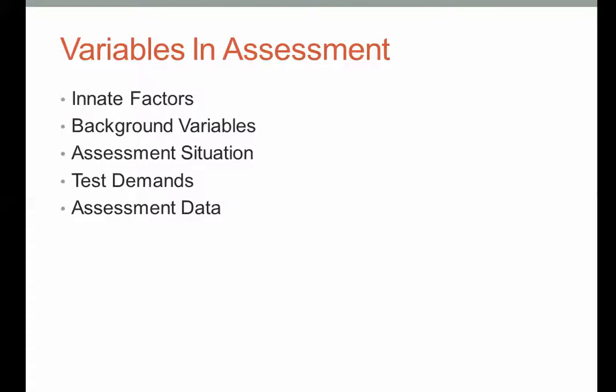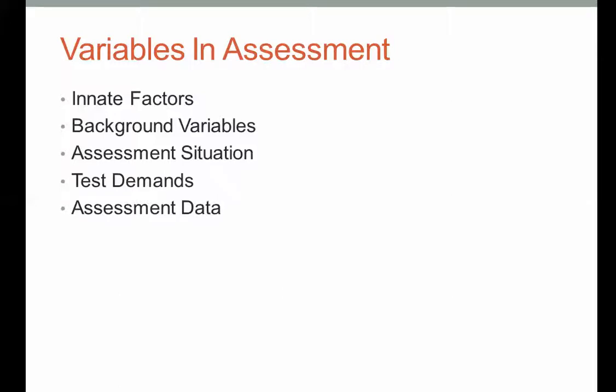That chart on page 39, figure 2.1, shows factors influencing assessment data. So it's important for you to know things like innate factors, background variables, assessment situation, test demands, assessment data. You need to read through those and make sure that you understand how these variables can affect outcomes in your assessments. And we'll be talking about these more with our face-to-face class.